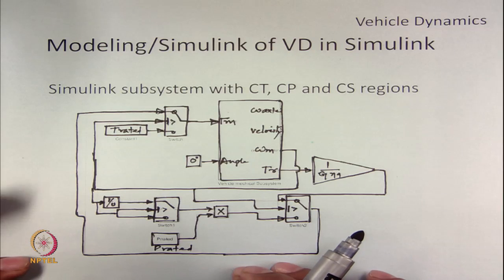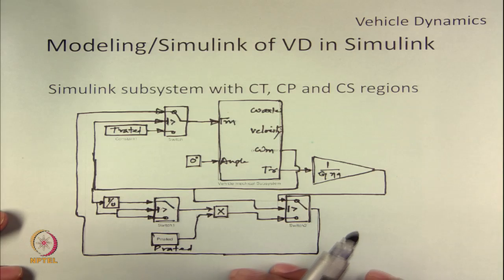So, we have seen that for a variable input tractive effort, generally there are three regions of operation. So, we have constant torque mode, constant power mode and constant speed mode. So, these modes are based on the vehicle speed.